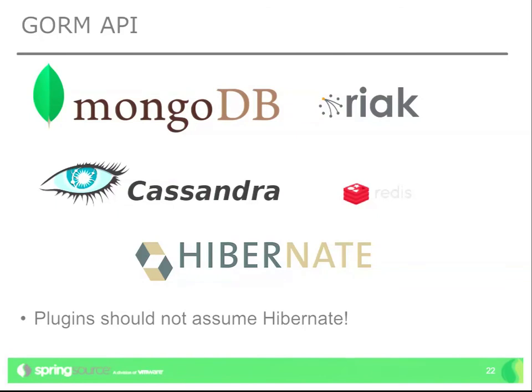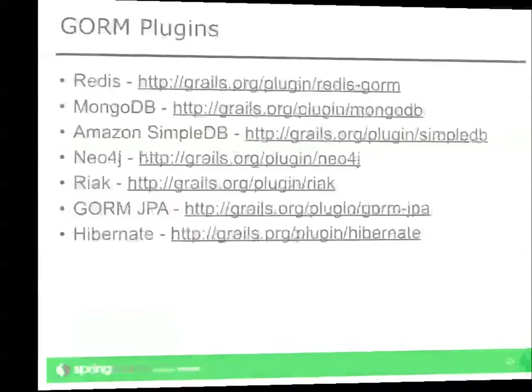So that abstraction is really important. Now you're not only not bound to Hibernate, you're not bound to relational databases at all. Lots of folks want to build applications on top of key value stores, so-called NoSQL data stores, and GORM allows that now.